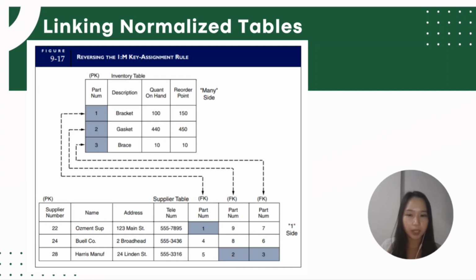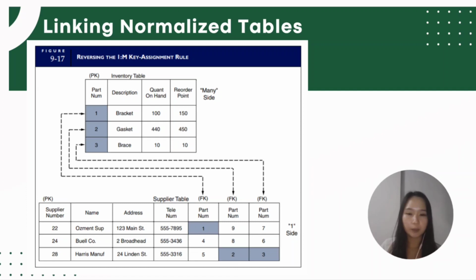To demonstrate the logic behind this key assignment rule, consider two alternative business rules for purchasing inventory from a supplier. The first business rule: each supplier supplies the firm with three or fewer different items of inventory, but each item is supplied by only one vendor. This is unrealistic but technically possible.